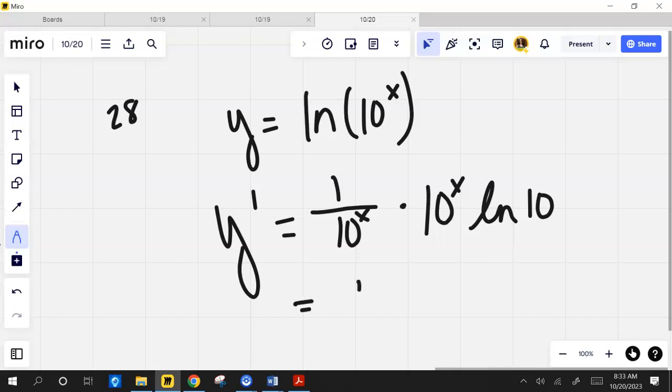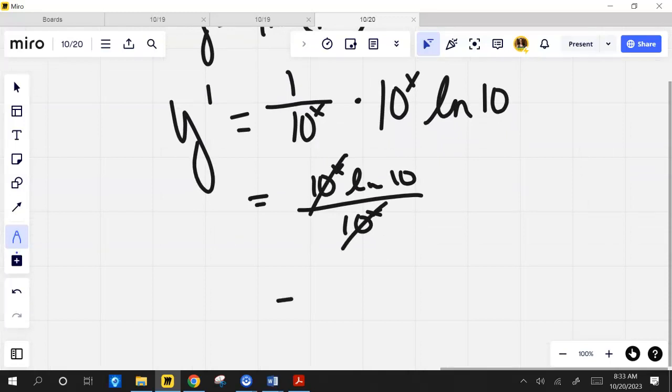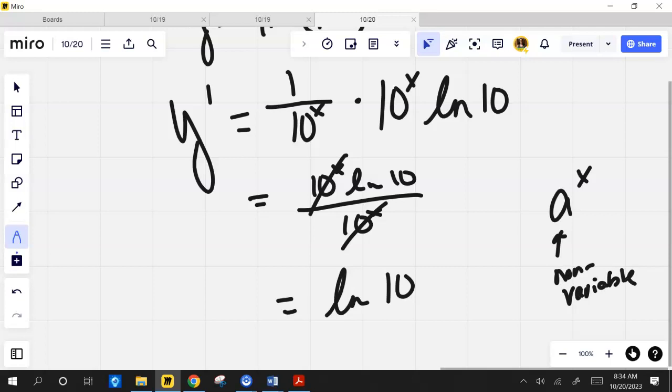So if I put this all in one fraction, right? A is just a constant. So it's saying if this is any value, it's a non-variable, is essentially what it is.